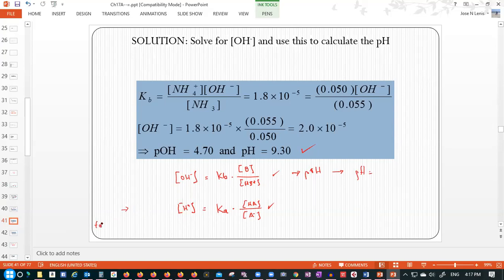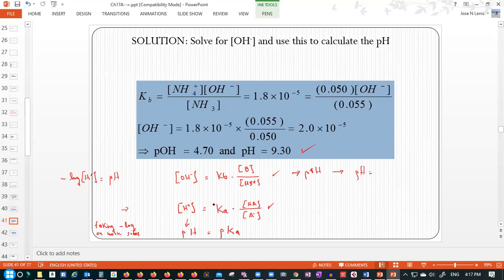Of course, it has to be on both sides. So what is the negative log of the concentration of H plus? Yes, it's pH. So the negative log of this is going to be pH. What is the negative log of Ka? Yes, pKa.